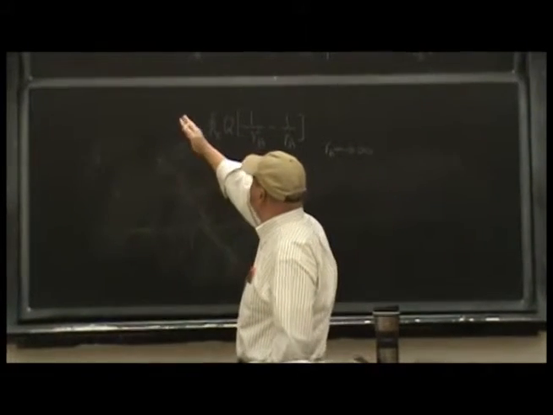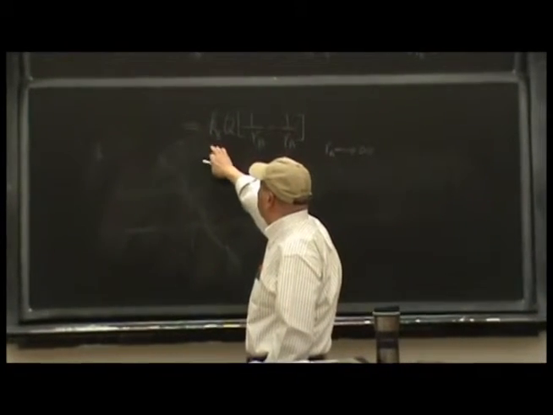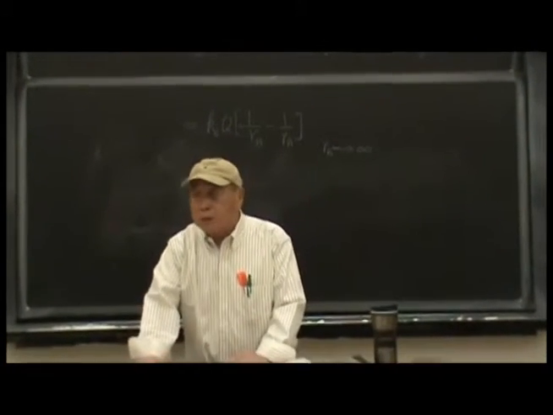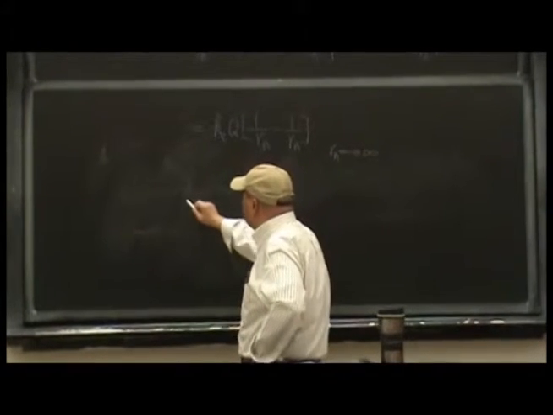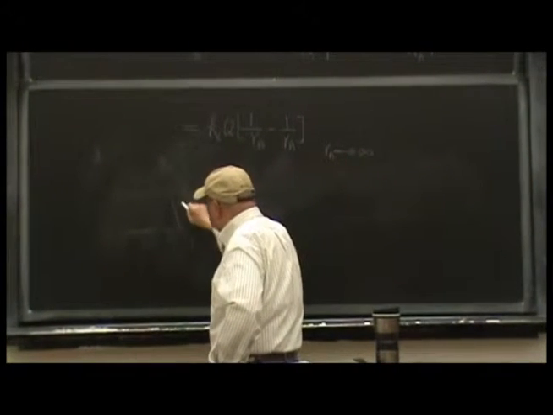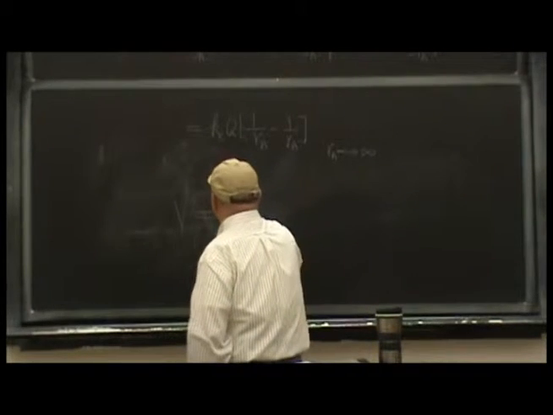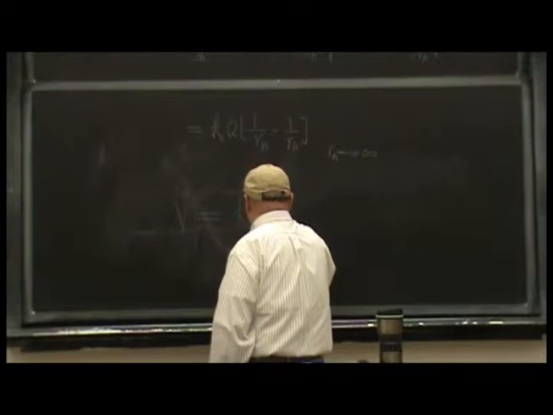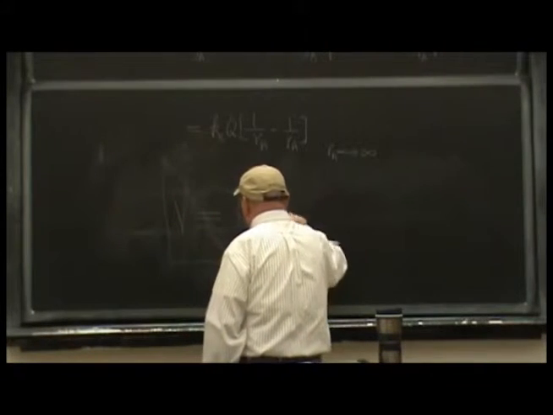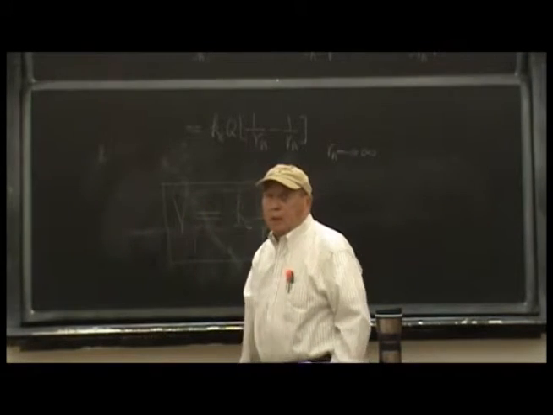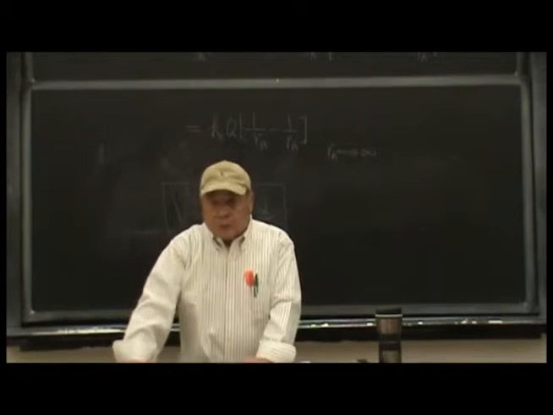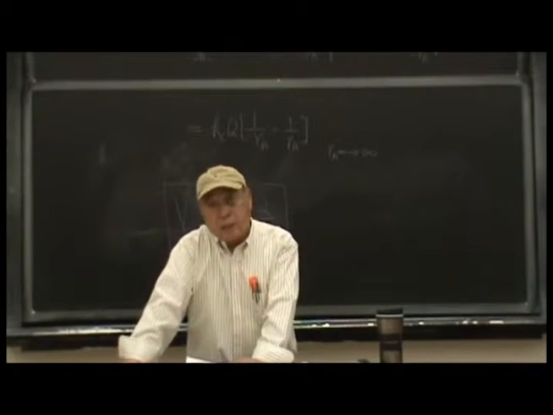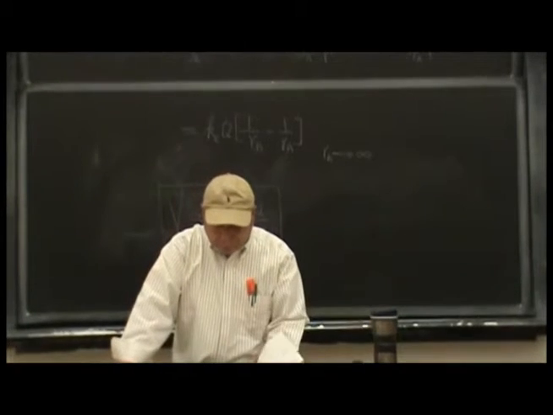In that case, V_B is equal to k e Q times 1 over R_B. From this, we can solidly say the voltage due to an electrical charge can be written as V equals k e Q divided by r.